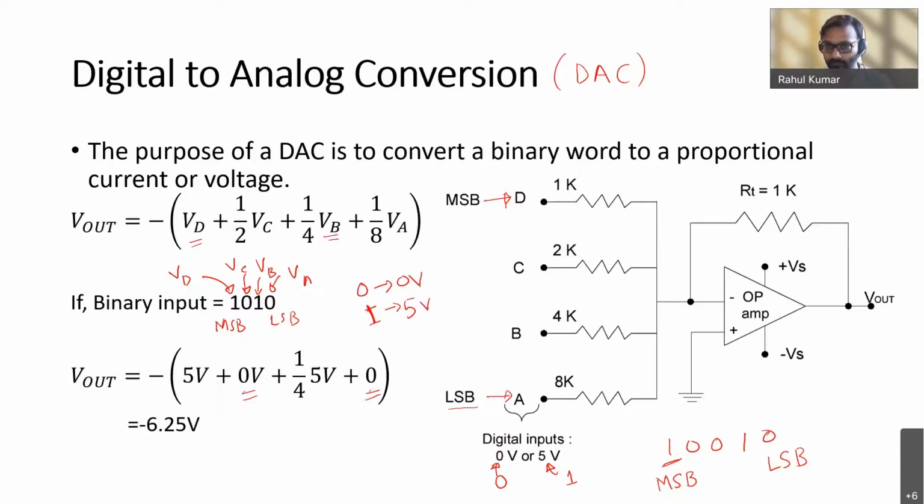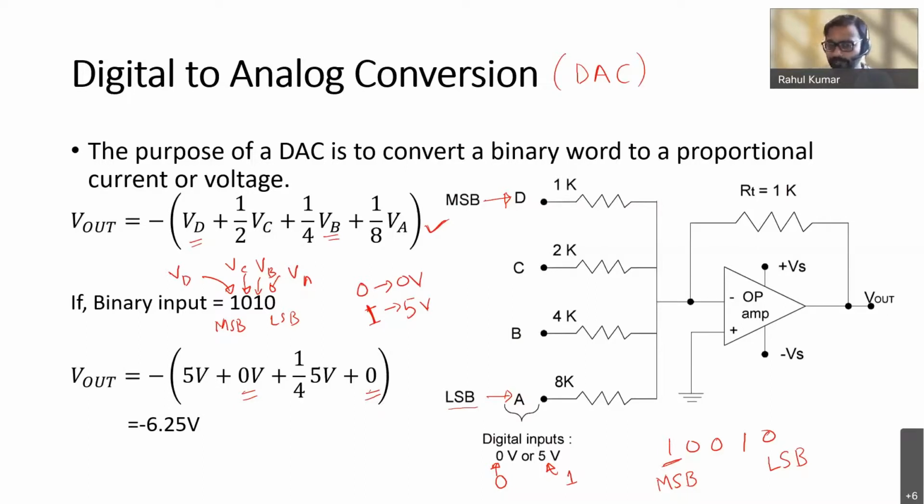And if you use this formula and do the calculation, you would get 6.25 volt as your analog output, right? So 6.25 volt will be your analog output.